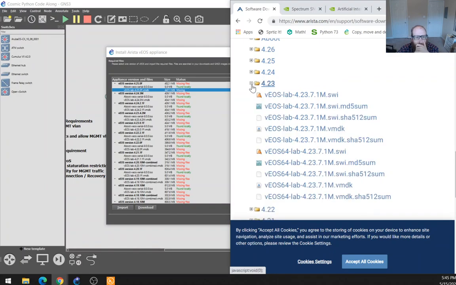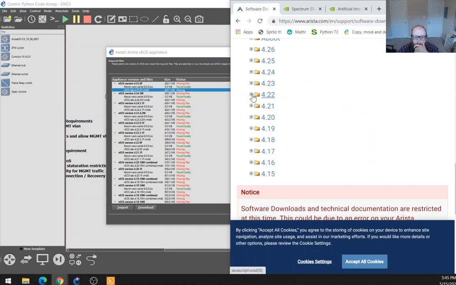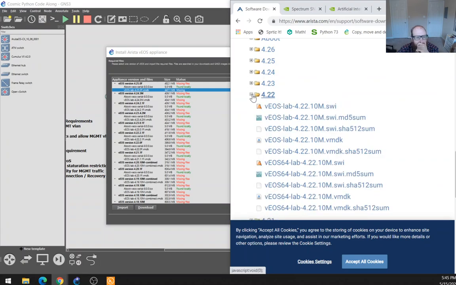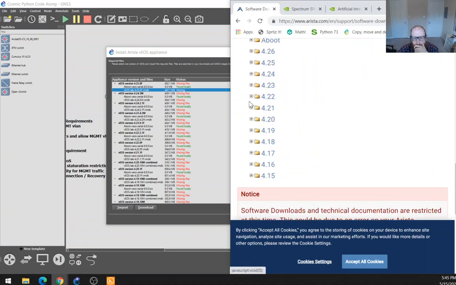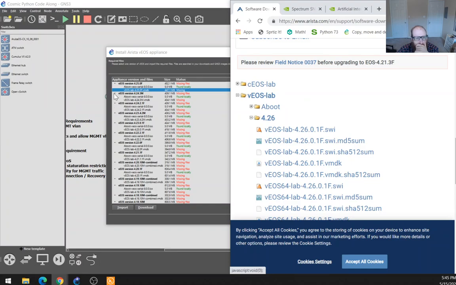What about 2.3? 2.3 only has 1M. 2.2. Yeah, I don't know. I guess maybe it'll work if I just rename it or something.